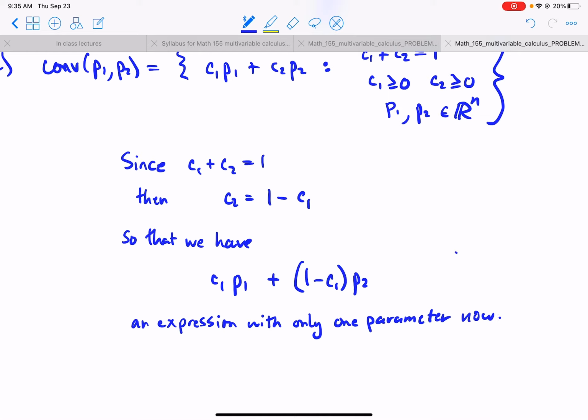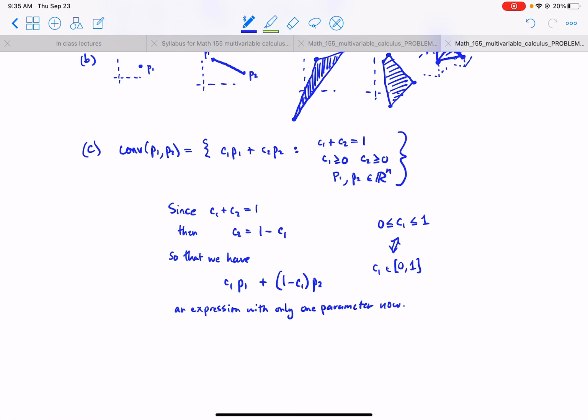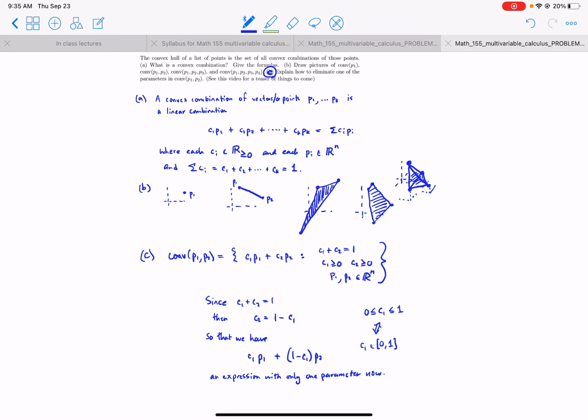And here we have to make sure that C1 is between 0 and 1. Another way to say this is identical to writing 0 is less than or equal to C1 is less than or equal to 1. Okay. So that's it.